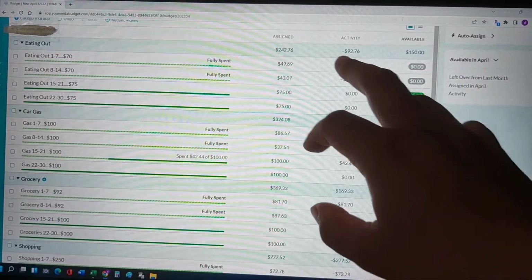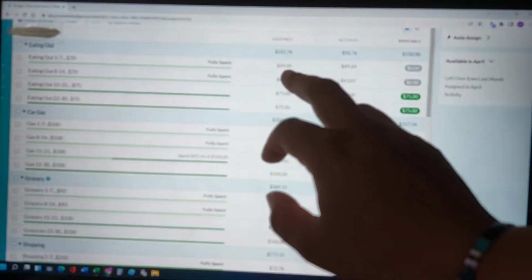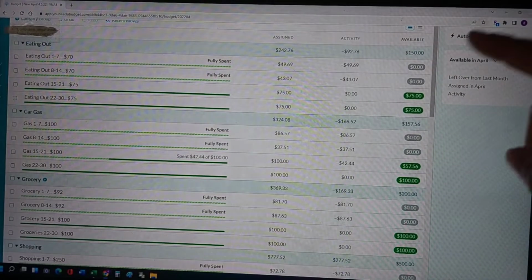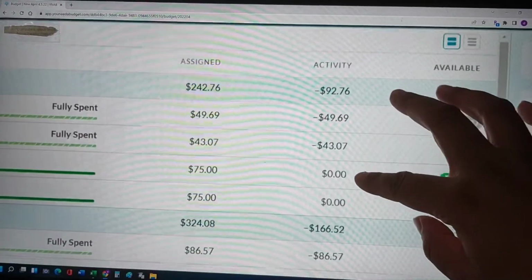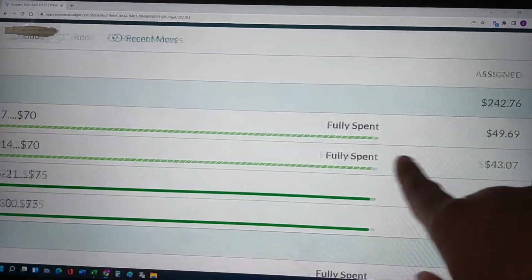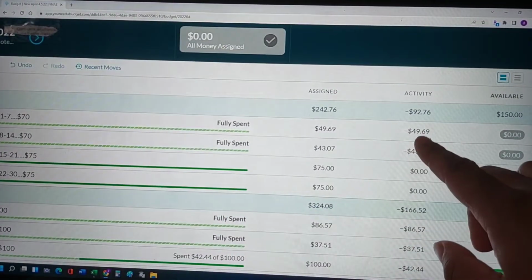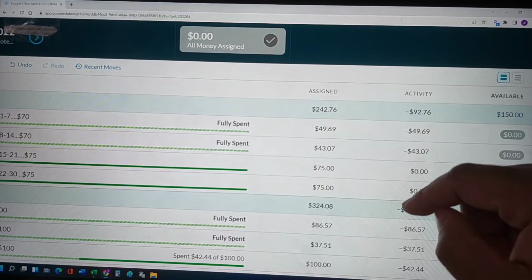You see here, I told myself $70. I actually assigned $70. I only spent almost $50. So, oops, you guys can't see. So $50 minus 70. That's what, 20 and change? Do you know what I did with this extra $20?